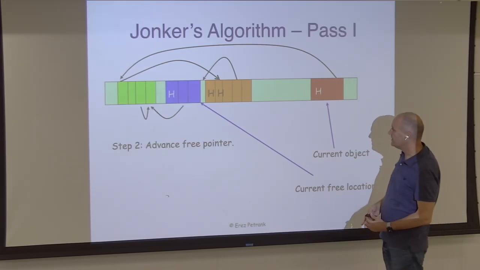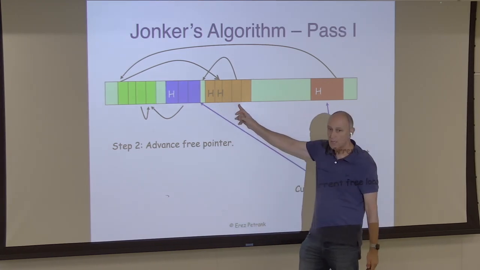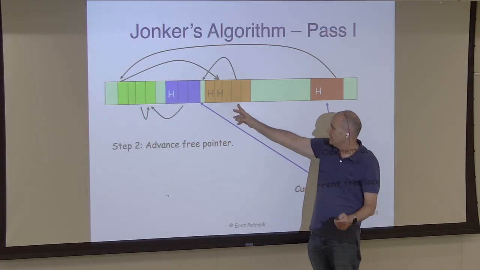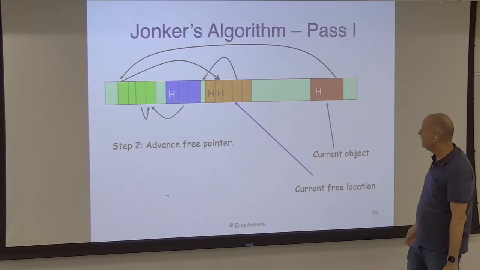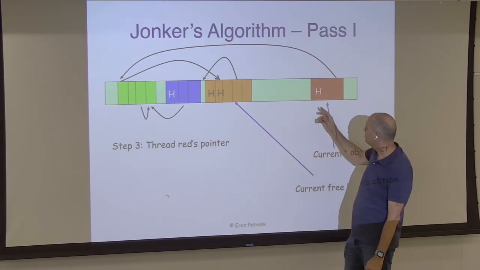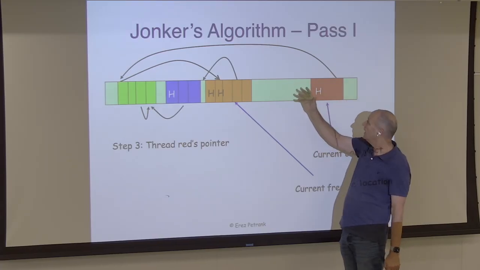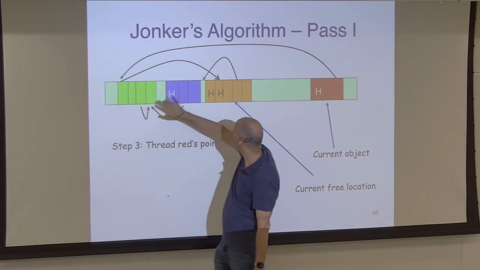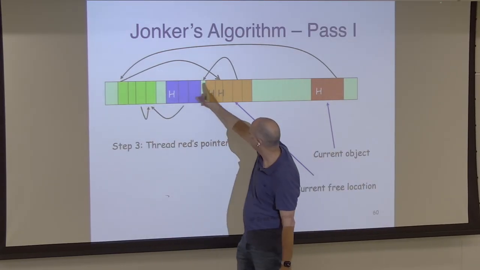Now let's do the second step. I'm going to advance the free pointer to leave space for the red. And then maybe the next one will come. There's no next here, but I forward that. And the third step is going to thread the outgoing pointer of the red one. And this means that I'm going to take whatever is here and put it instead of the pointer. And whatever is here is pointing to this.